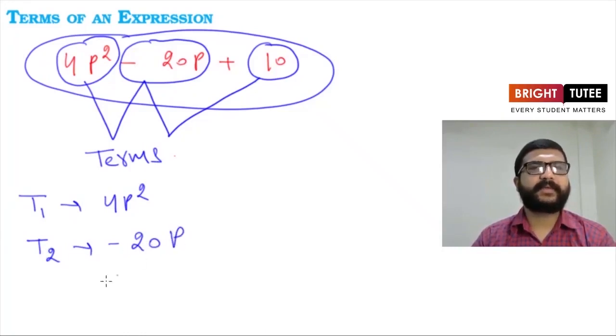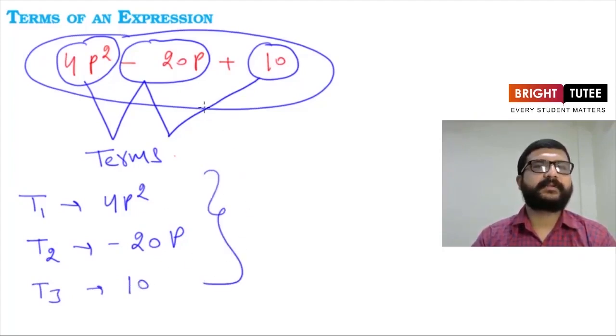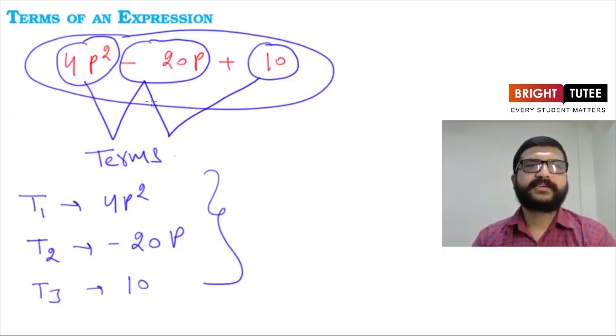So this is minus 20p, and then third term it is 10. So these are the terms of the above algebraic expression. So here we have seen how to find the number of terms or how to differentiate between terms of an algebraic expression.